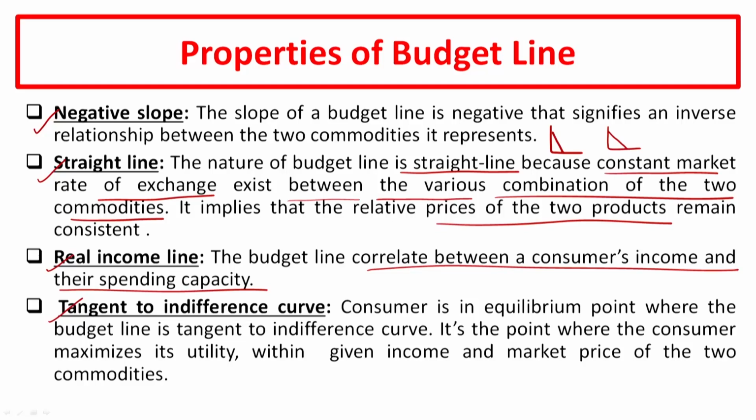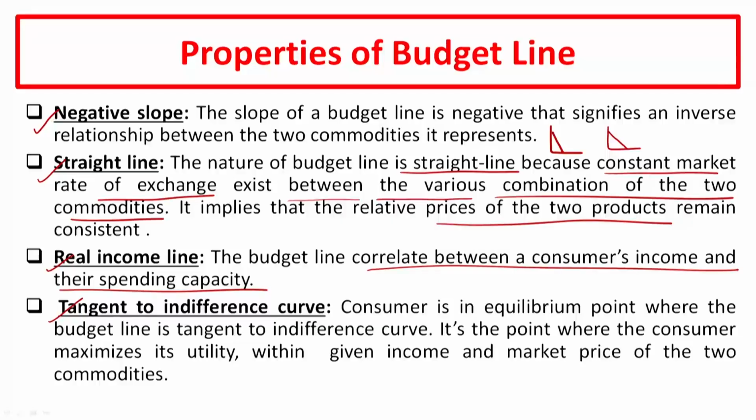Next, tangent to indifference curve. Price line is always tangent to the indifference curve, because when it is indifference, then only you are maximizing your satisfaction at the given price of the commodities within the limited income of the consumer.